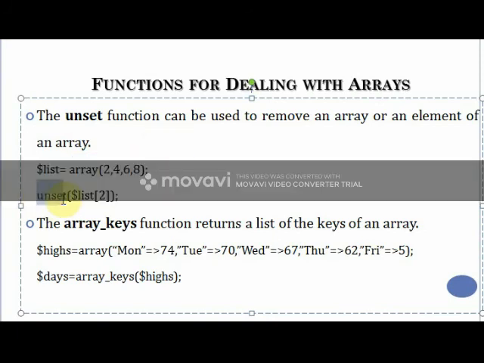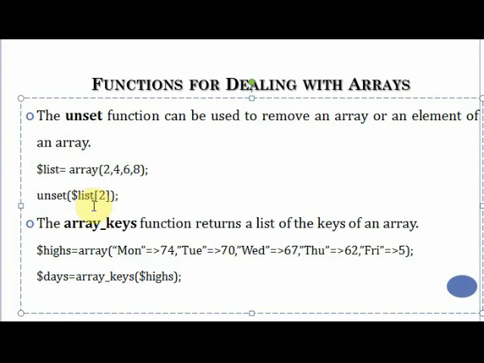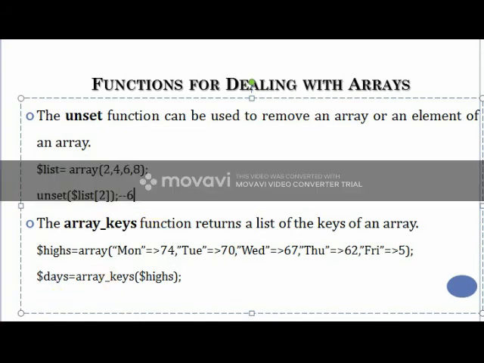Here we are using the unset function, and the parameter it takes is the name of the array, that is list. In list of 2, the 2 is nothing but the key. In list of 2 you have the value 6.